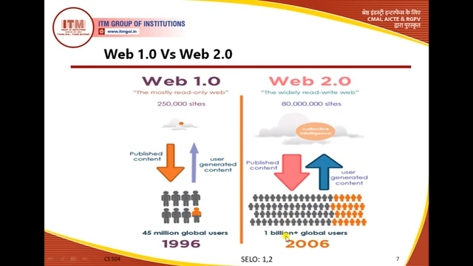So 1 billion plus global users were there in 2006. This was the scenario with Web 2.0, where the terminology of collective intelligence came into existence, corresponding to the published content as well as the user-generated content.